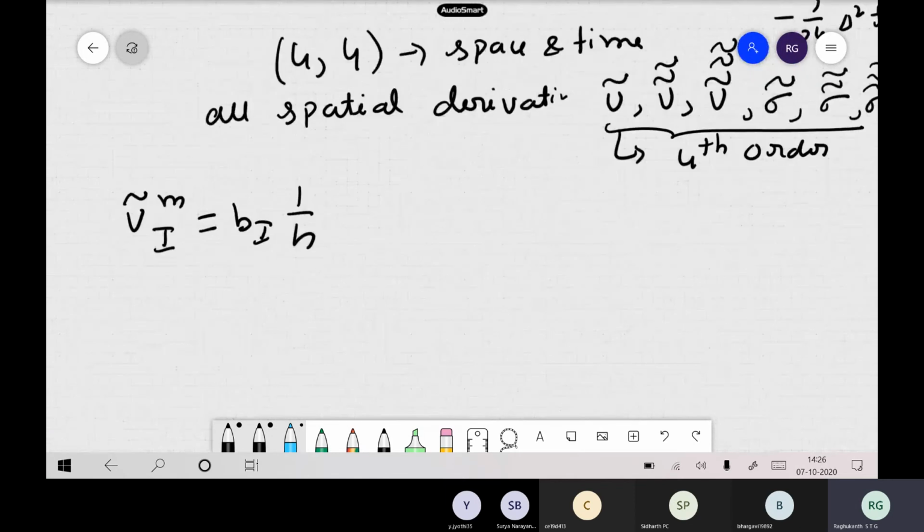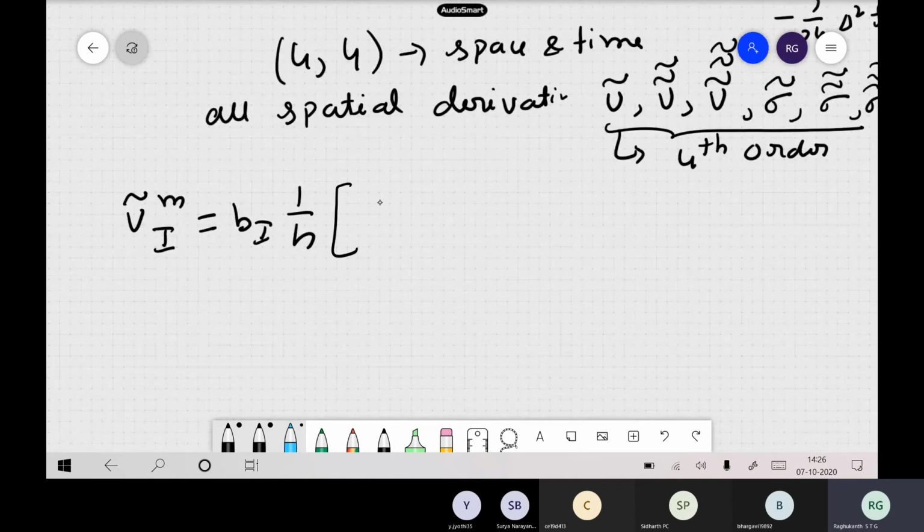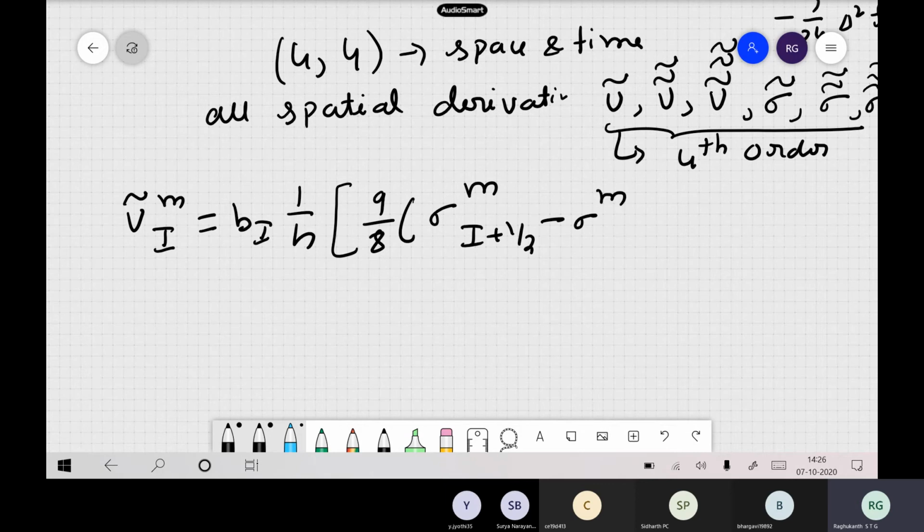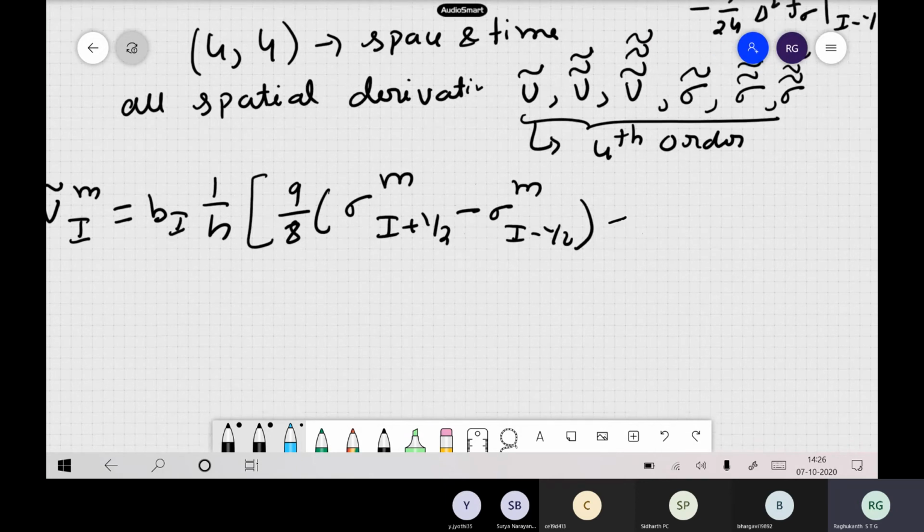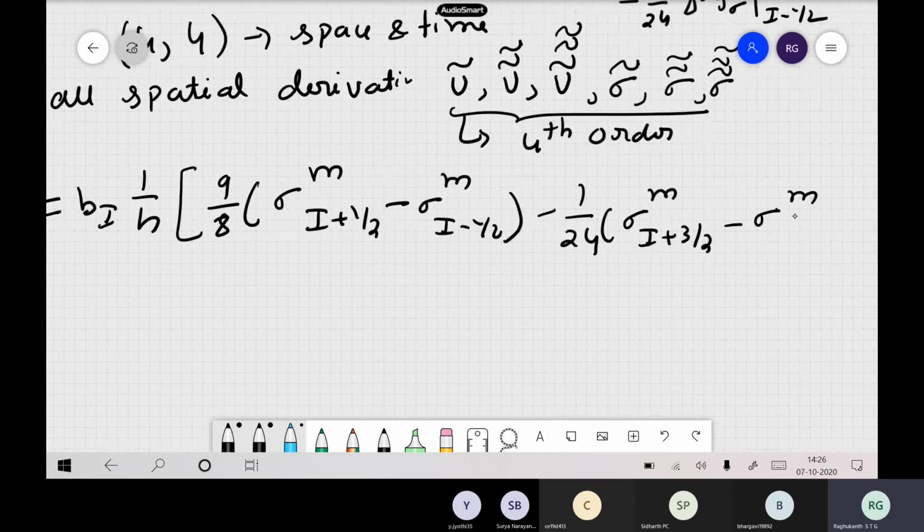If you expand this in terms of the fourth order scheme, we have 9/8 (σ_{m,i+1/2} − σ_{m,i−1/2}), minus 1/24 (σ_{m,i+3/2} − σ_{m,i−3/2}).